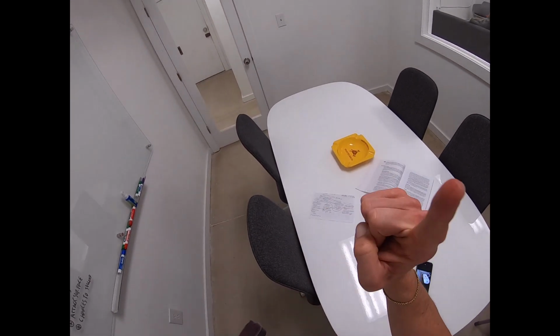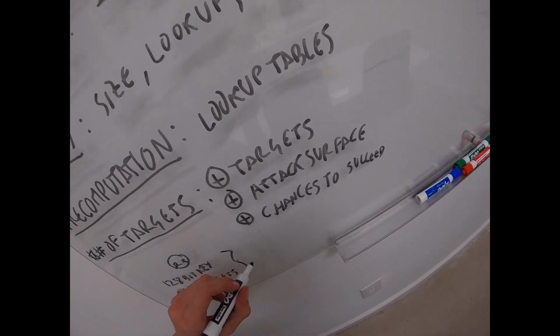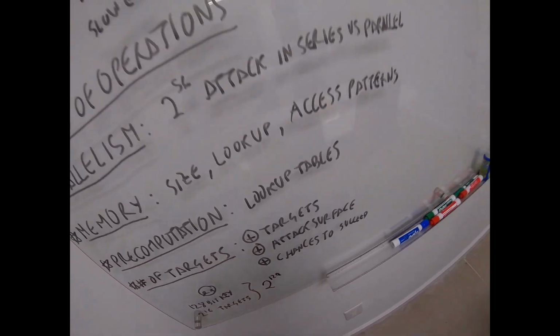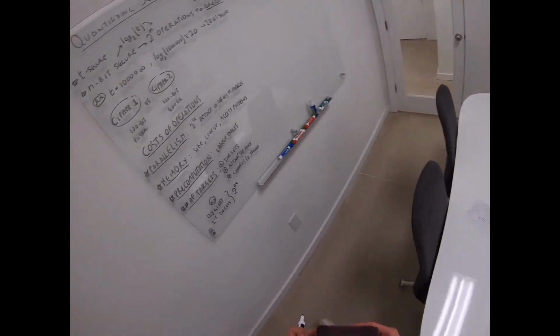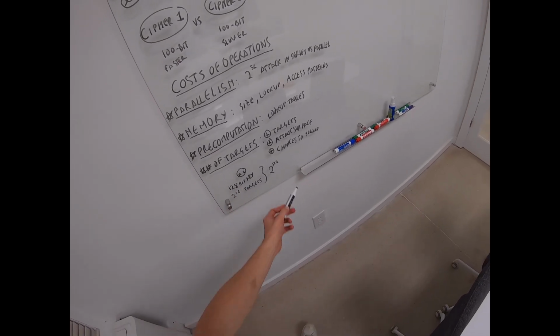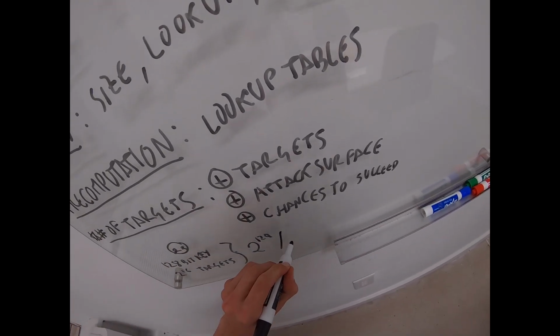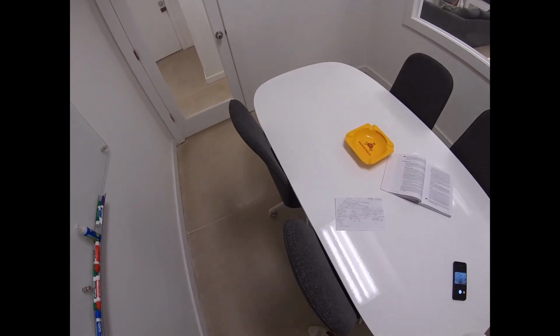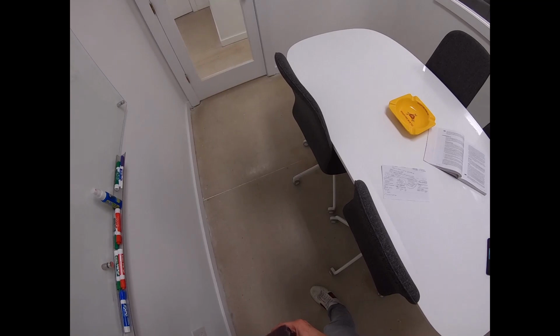Compared to finding only one key, which takes 2 to the 128 trials, if we only need to find one among these targets, then we only need to do 2 to the 112.